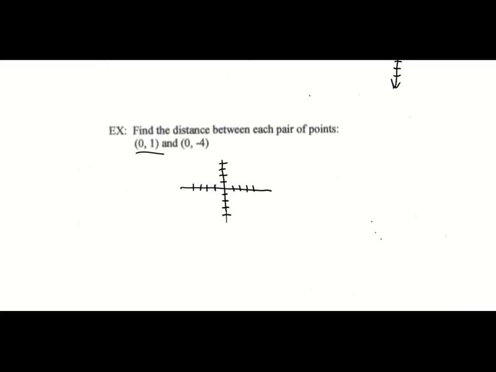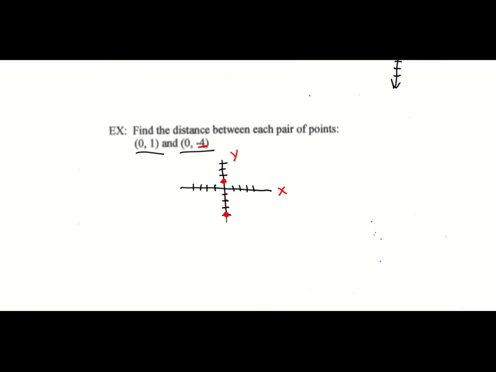So now if I graph my 2 points, I have 0, 1, so that means my x value is 0. I'm not moving at all left or right. And my y is 1, so I'm going up 1. For my second point, my x value is 0 again, so I'm not going left or right, but I'm going down 4. 1, 2, 3, 4. So these are my 2 points right here.